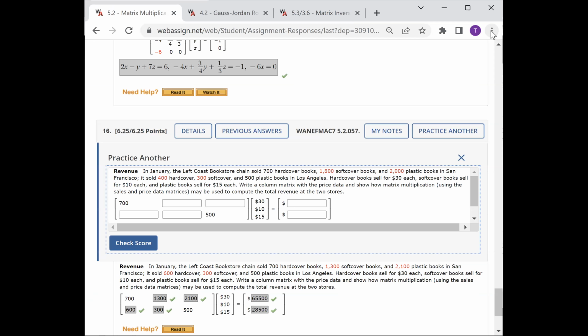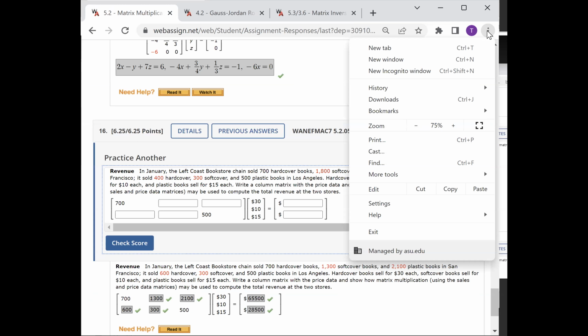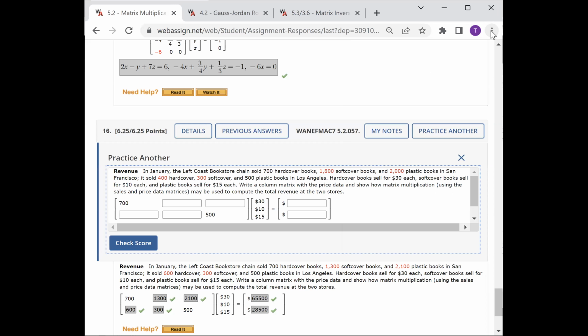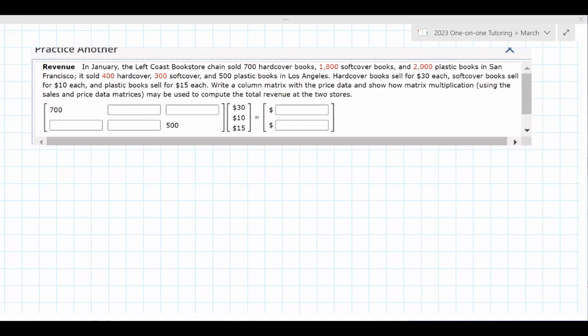Yeah, that's good. It'll just make it easier, more readable. Thank you. All right, you should be seeing my screen now.